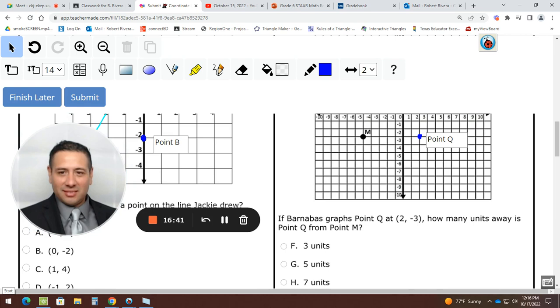From here to here, that would be 1, 2, 3, 4, 5, 6, 7 units. So how many units away? 7. I gave you an answer there for free. The answer is going to be H. You can already choose it. But that's how you check the units, you just count. You need 7 units to get from point M to point Q.